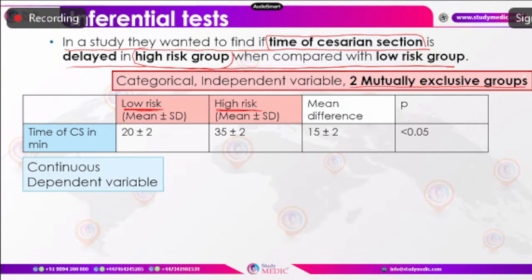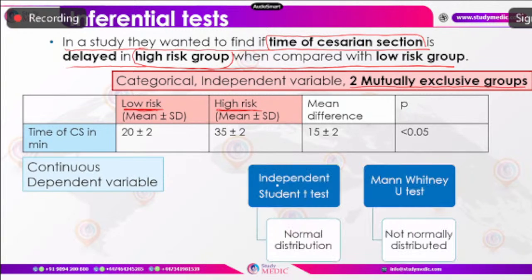So when we want to find out the significance of difference in mean between two mutually exclusive groups, and if the data is normally distributed and meets all other assumptions, we use a parametric test called the independent student t-test.